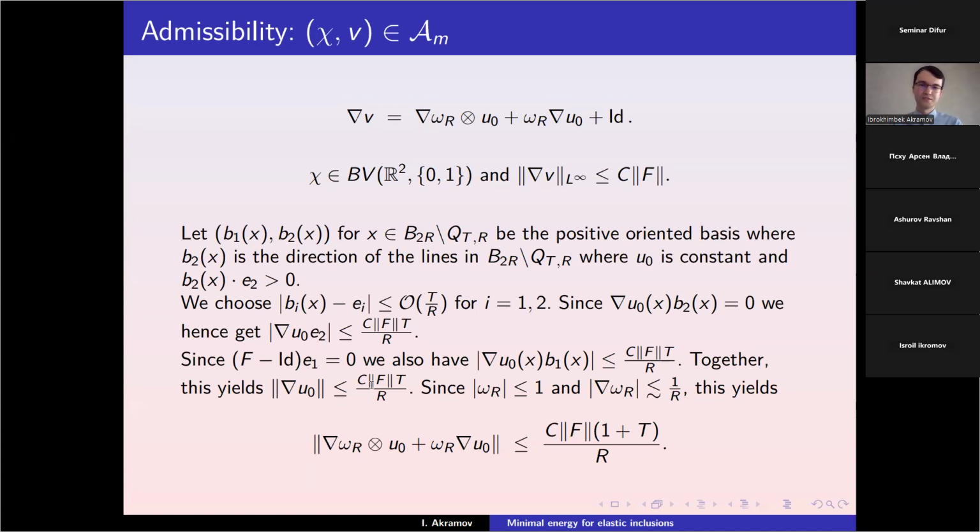So together this implies that nabla u is smaller than C times t over r, and since nabla v omega r is bounded by 1 and nabla omega r is smaller than 1 over r, this implies that this bound holds.